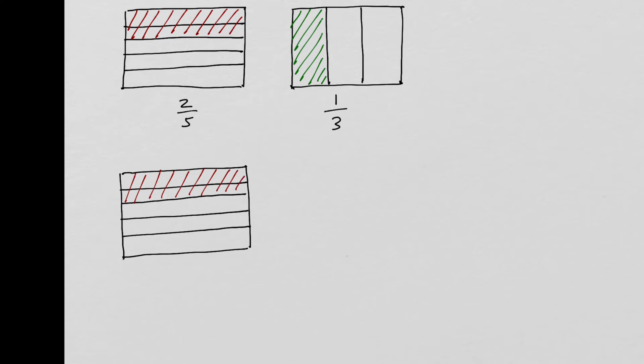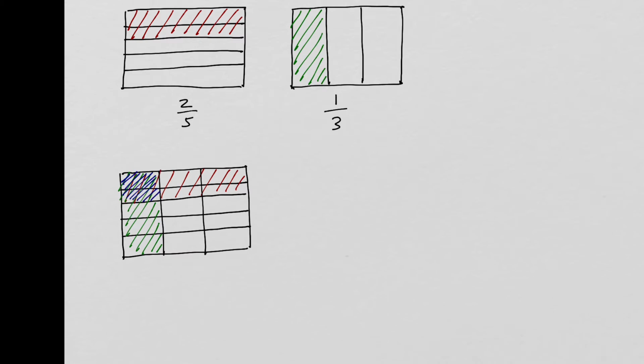And then for 1/3 of it, I put the other rectangle right on top of this, where this is the shaded piece again. The answer, 1/3 of 2/5, is where it's shaded twice. You can see that right here. This is where it satisfies both.